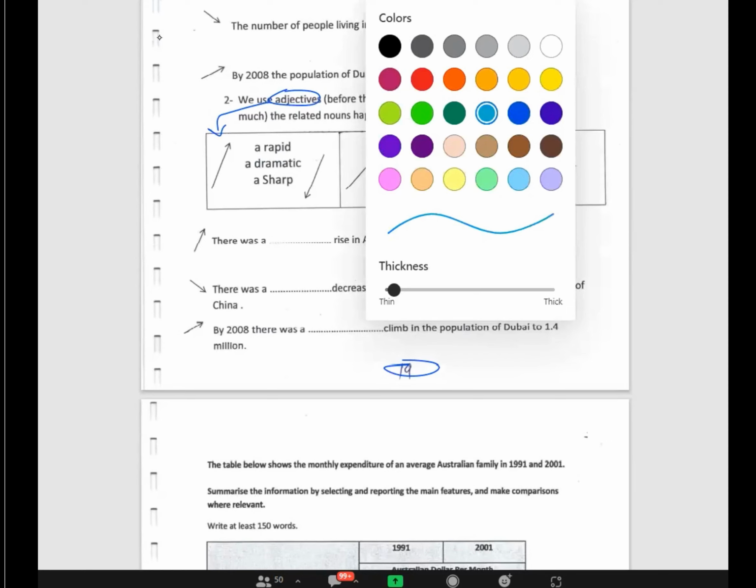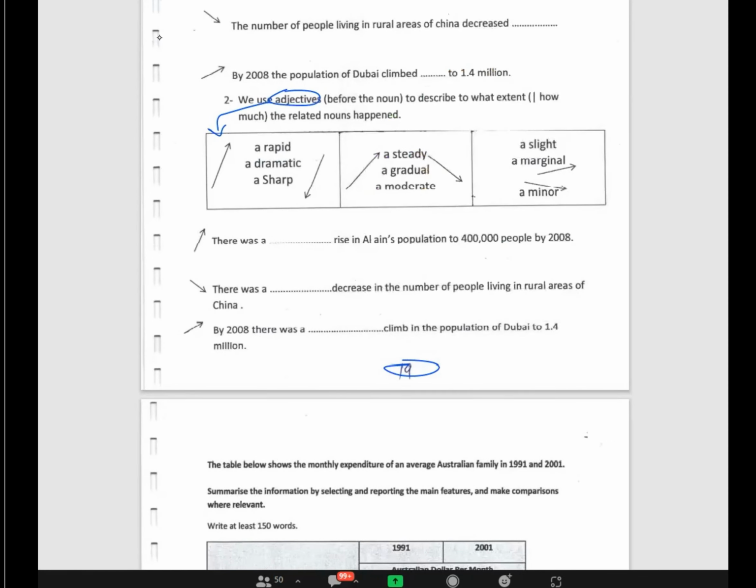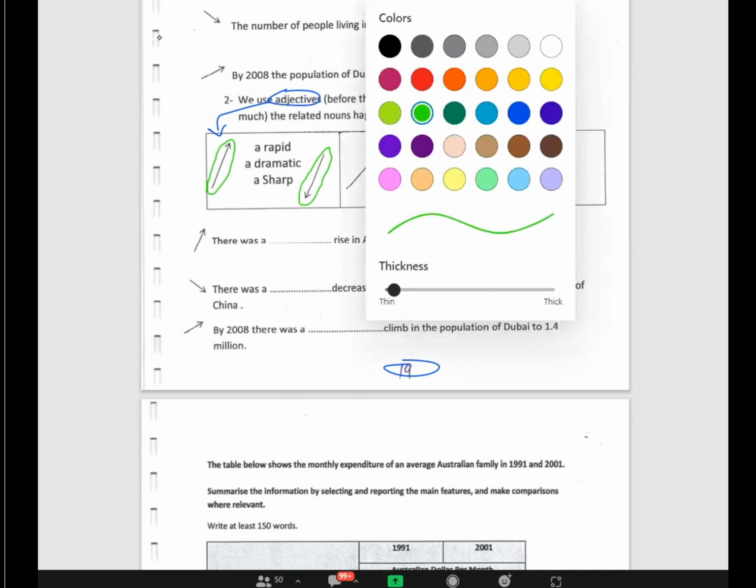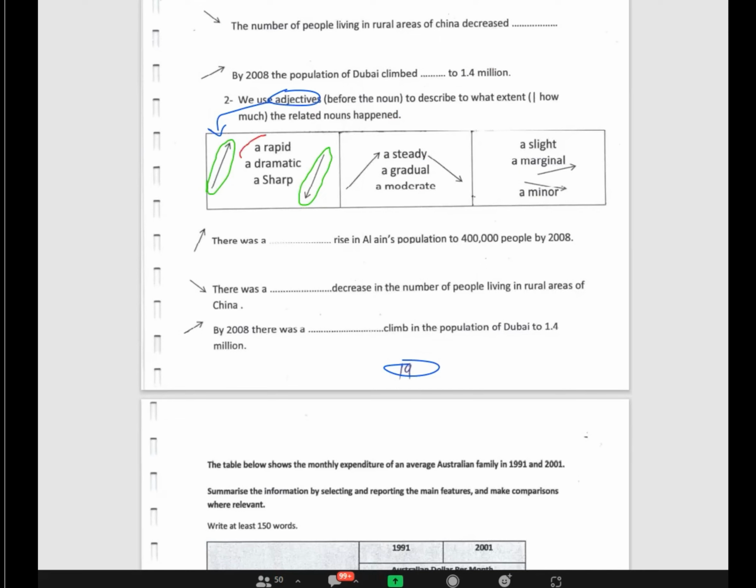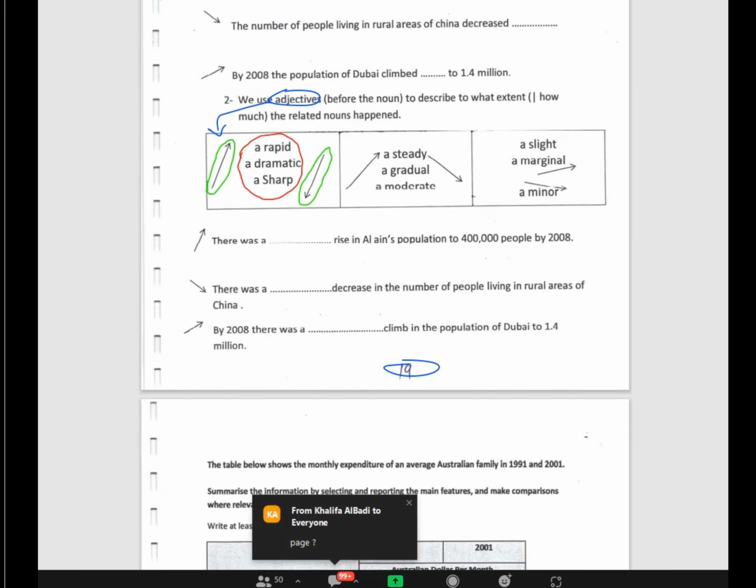Now, when you see a very strong movement going up or going down in the drawing, you would use these descriptive adjectives. A rapid, a dramatic, a sharp. They have the same meaning. Okay? A sharp increase, a dramatic increase, a rapid increase. If the movement is going up very strongly or going down very deeply.